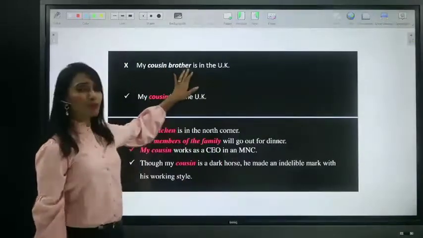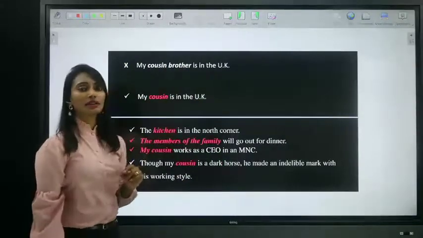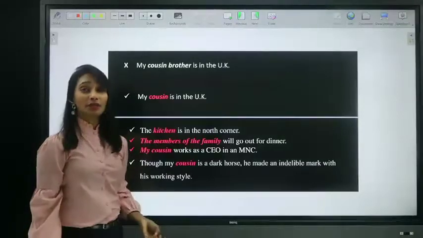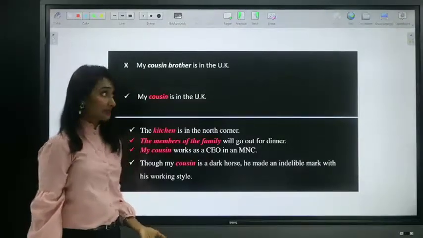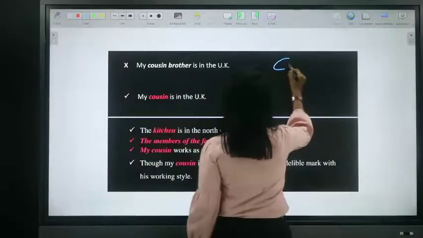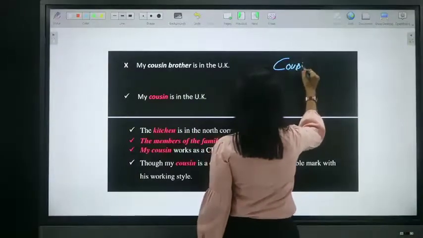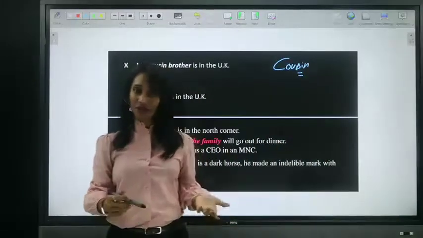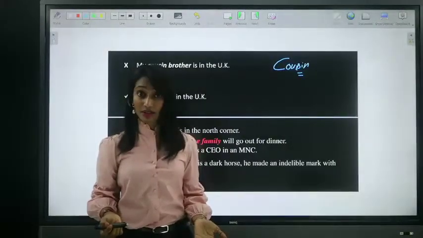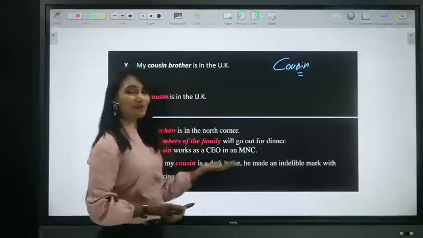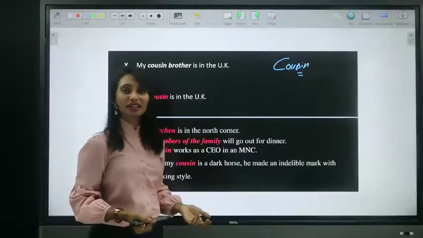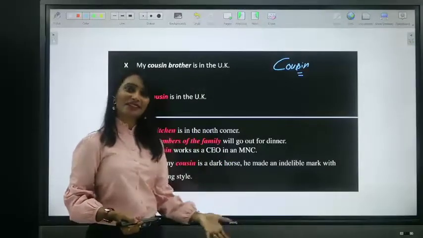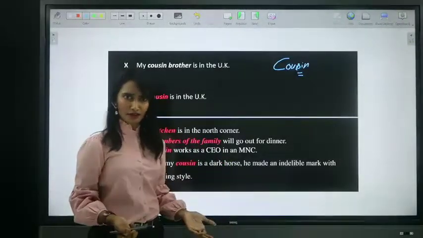My cousin brother is in the UK. This is an often committed mistake. Guys, the word cousin means brother or sister from different parents. So do not use cousin brother, cousin sister. It's very awkward to say brother brother, sister sister, because cousin itself is brother, right?